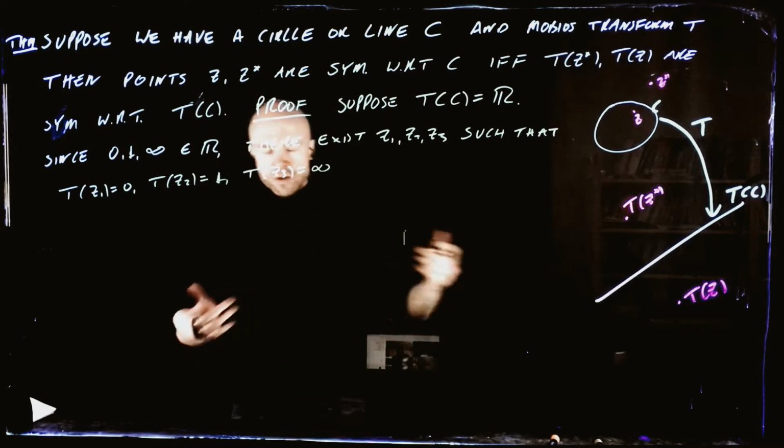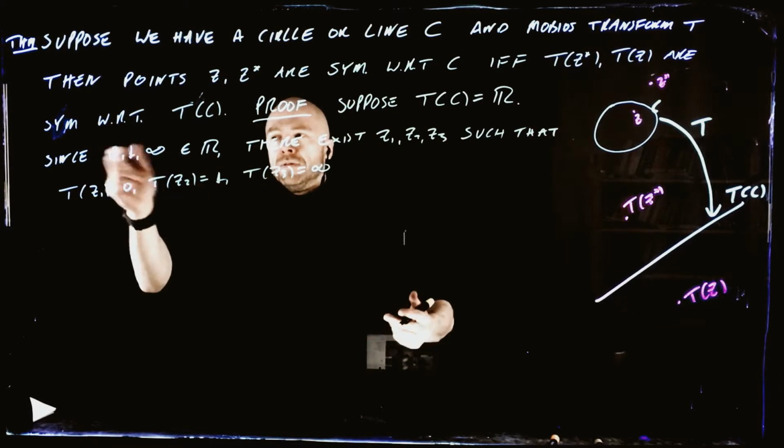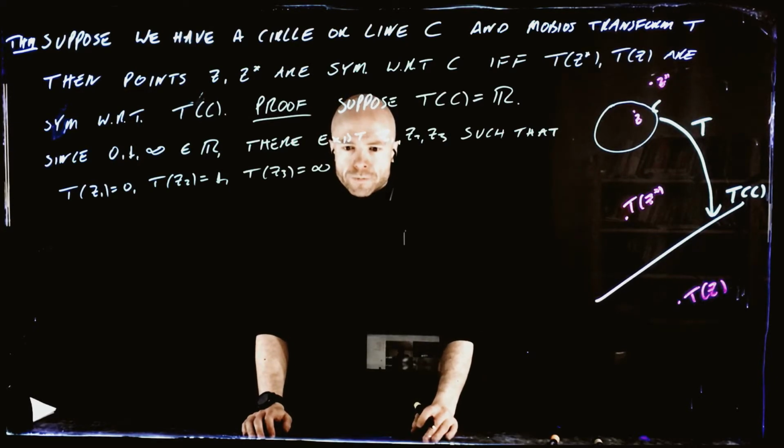Because T is invertible, we just take the inverse of T on 0, 1, infinity and get these points Z1, Z2, Z3. So that's definitely true, yeah?